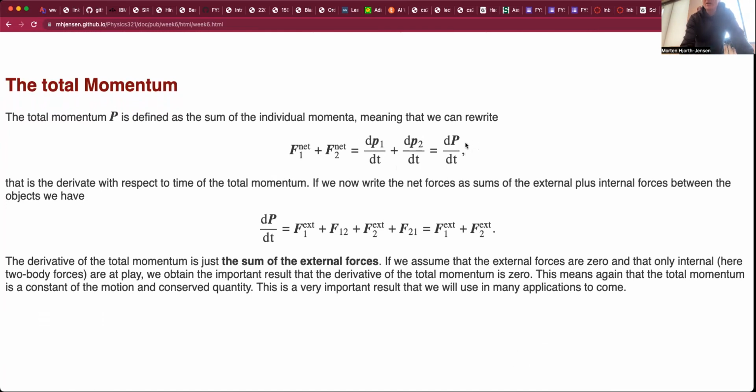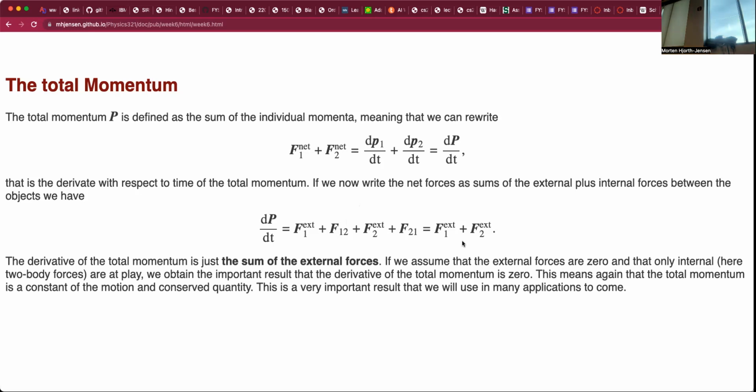And this is now summarized in this uppercase variable P. And the force is a sum of external forces plus internal forces. If we have internal forces only, then we know from Newton's third law that F12 is equal to minus F21. So these two internal forces cancel each other, and then we're only left with external forces.